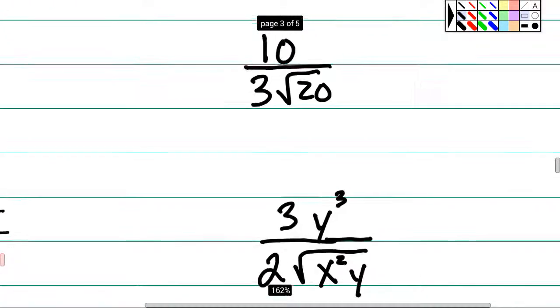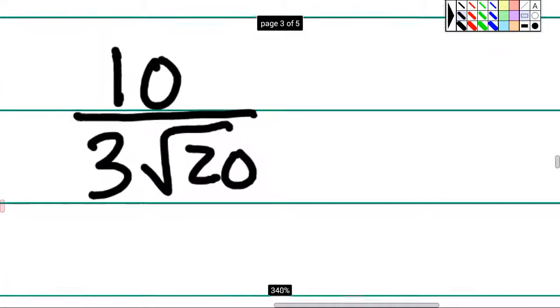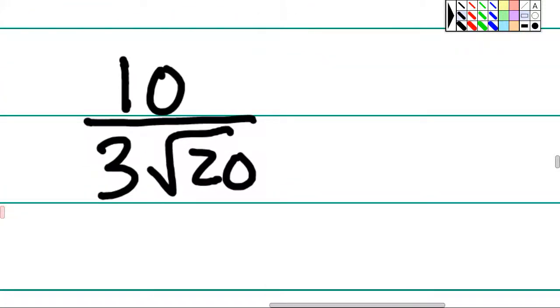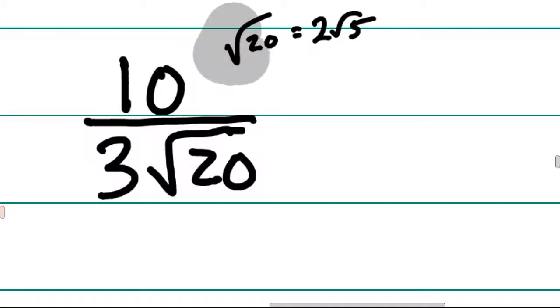So looky here. Okay. Well, got to get rid of that root 20 down there. So we could simplify it first. Well, what is the square root of 20? That's just going to be 2 root 5. Okay, so we could just do that.